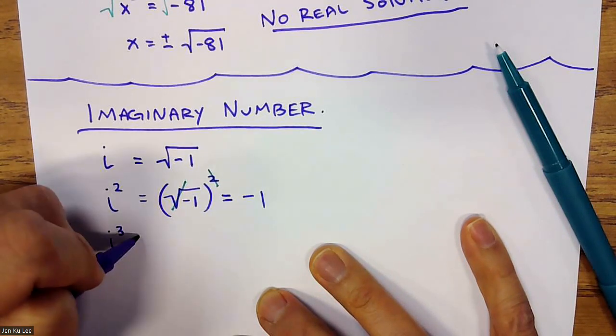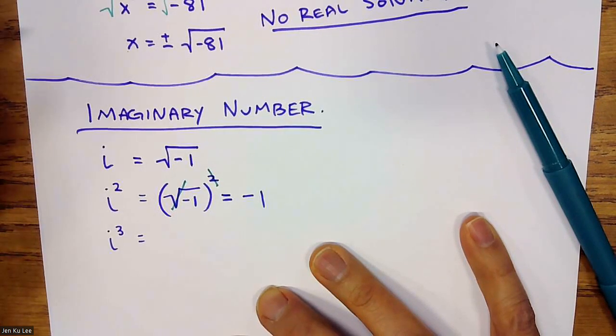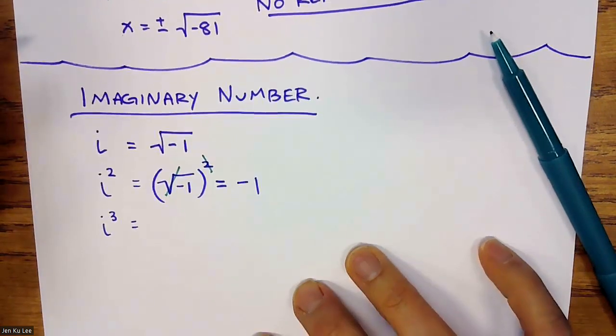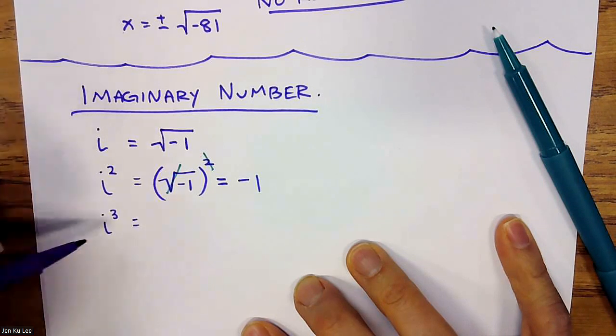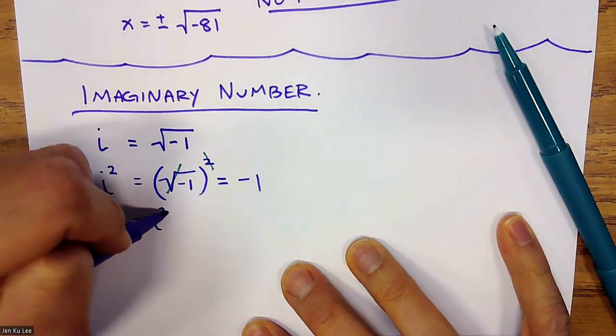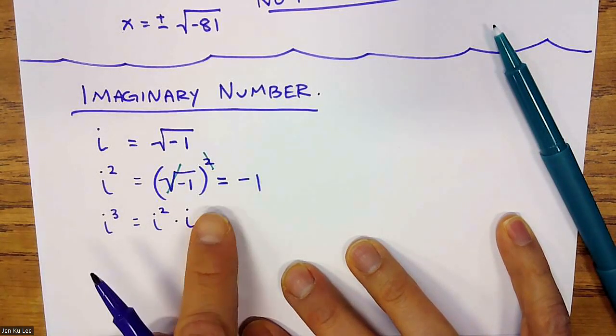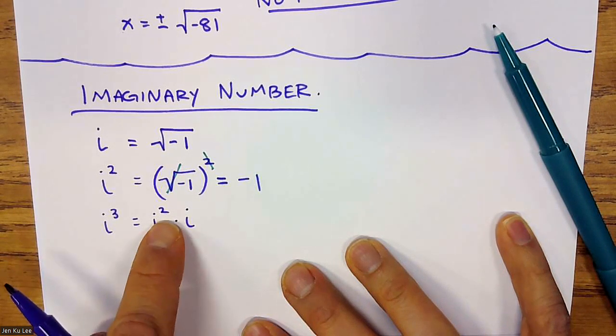i to the third, if you guys remember back to exponential rules, I can rewrite i to the third as i squared times i, right? i to the first power times i squared.